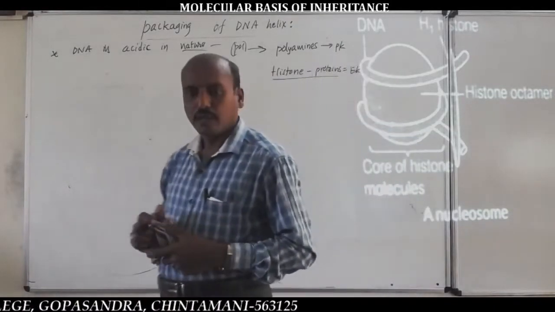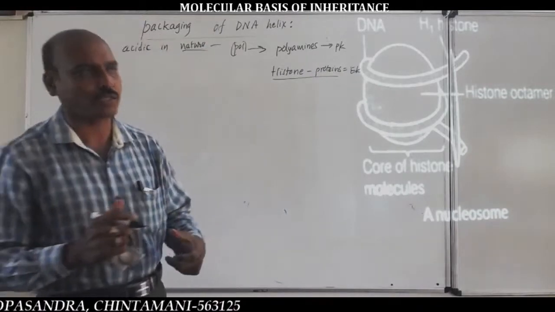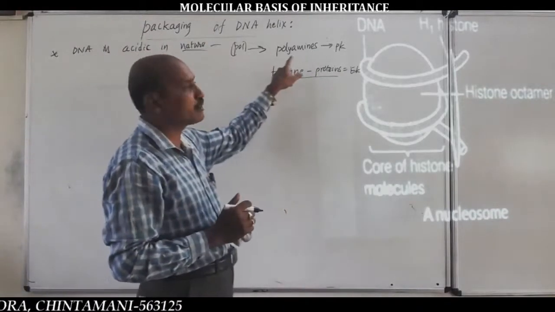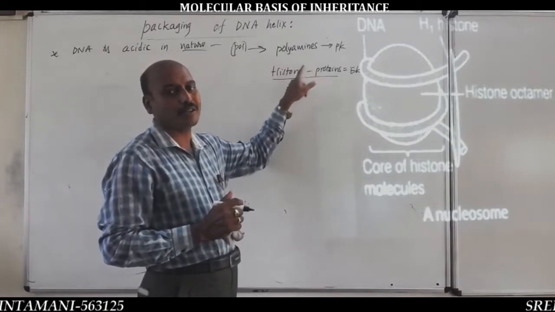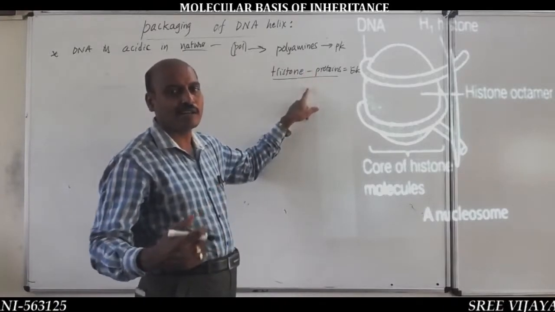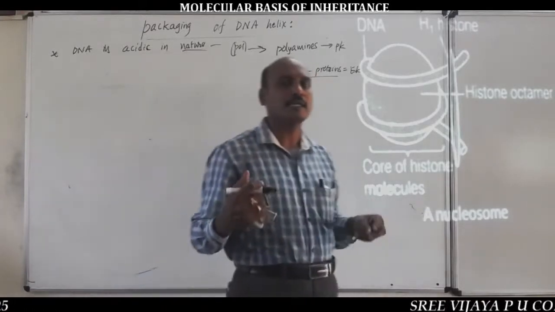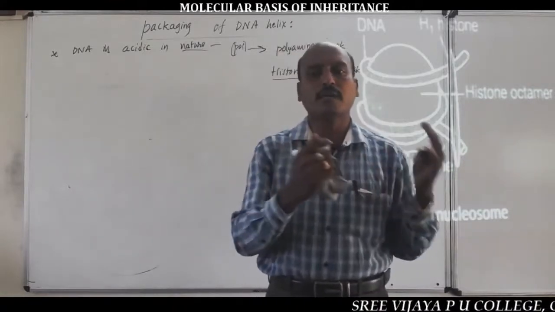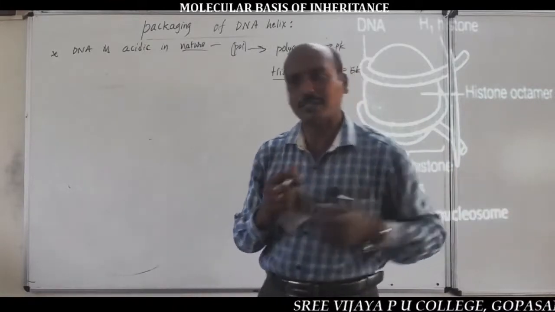But how does the packaging of DNA take place? Acidic DNA associated with polyamines in prokaryotes and histone proteins in eukaryotes. That is our next concept: packaging of the DNA helix in prokaryotic cells and in eukaryotic cells.